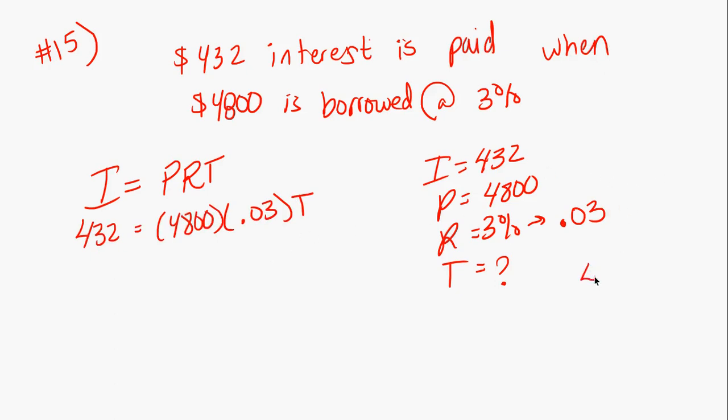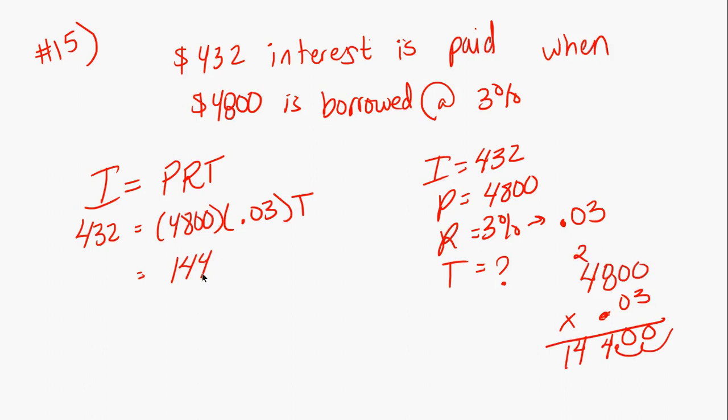So 4,800 times 0.03, we get 0, 0. That would be 24. That would be 14. And then we move it over 2 places. So we get 144 t.